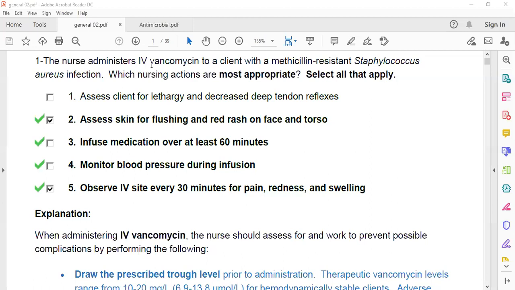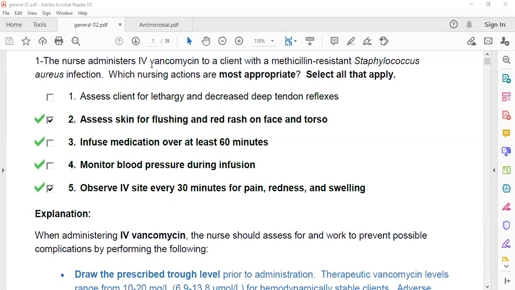When you give vancomycin IV to a patient, you always keep some information in your brain. In our pharmacology section, we talk about vancomycin in detail. Vancomycin is the antibiotic for any serious infection. It is an antimicrobial drug.